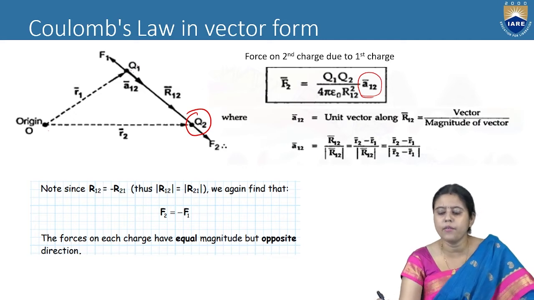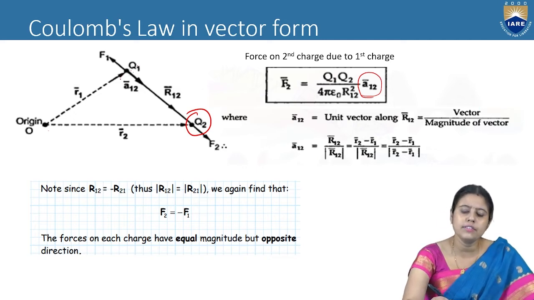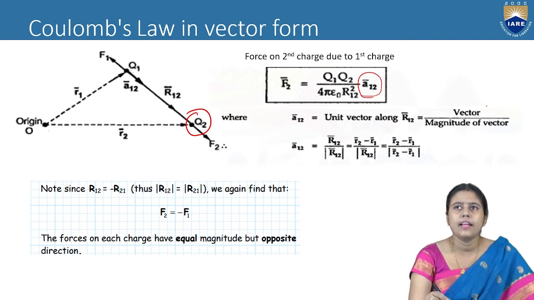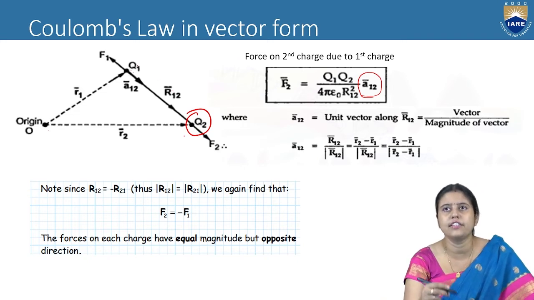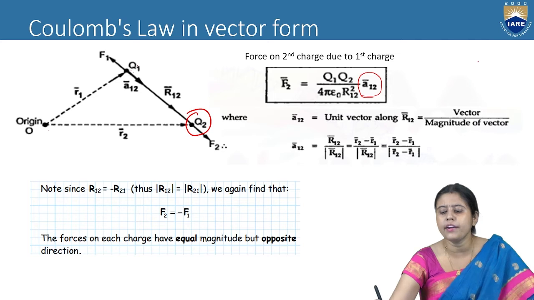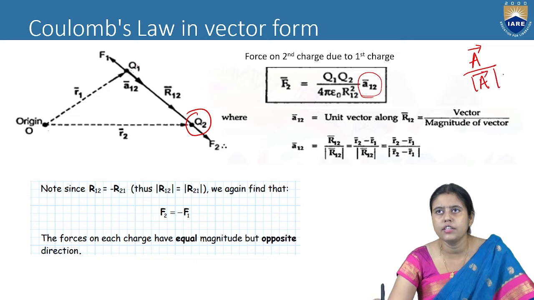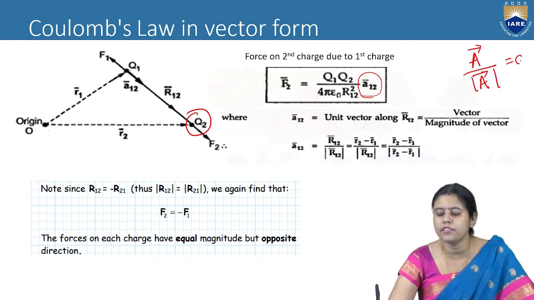The unit vector of the joining line is A12. What is A12? A12 is the vector of the joining line, R12, divided by the magnitude of the vector. What is the meaning of a unit vector? If A is a vector and its magnitude is mod A, then A by mod A is known as the unit vector.